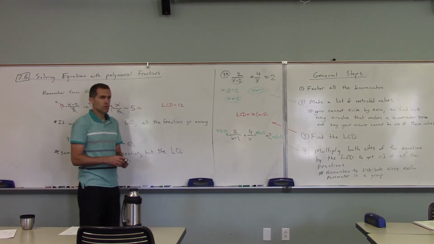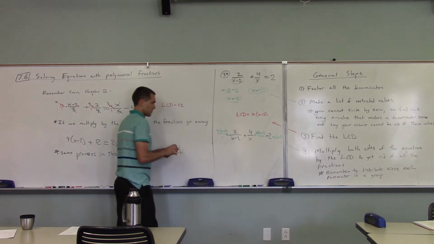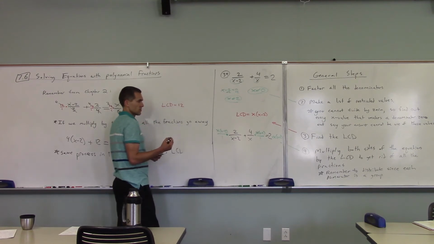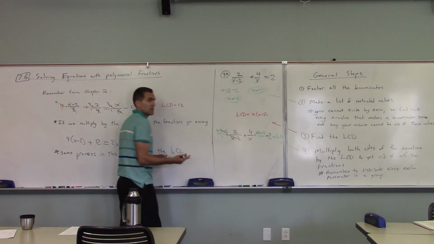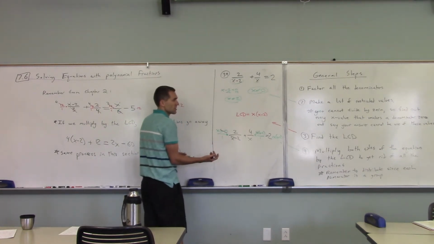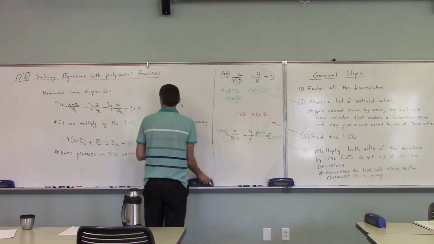Okay, so in the first one, what cancels? The x minus 2. Right, now there's no fraction. That's the whole thing we wanted. Right, from the second one, what cancels? The x. Now there's no fraction, just what we wanted, and nothing else cancels.